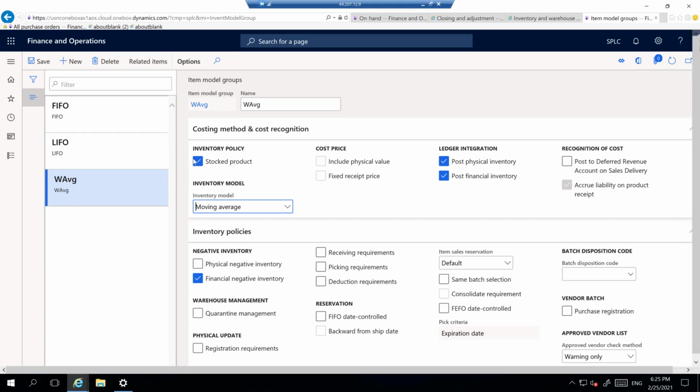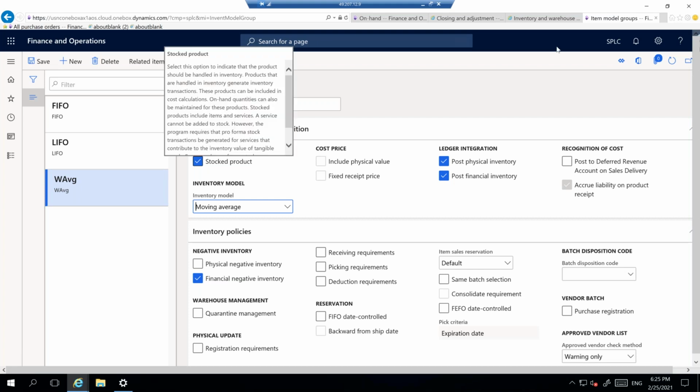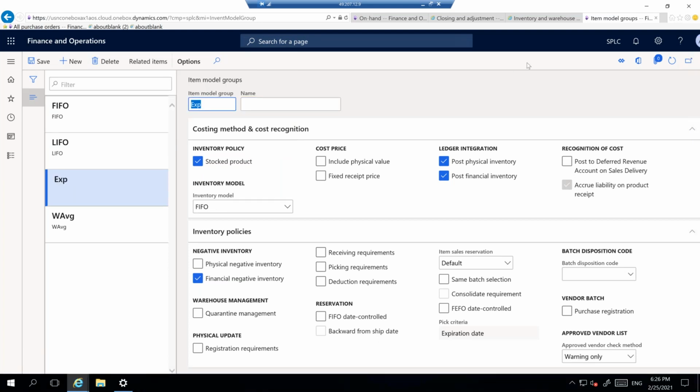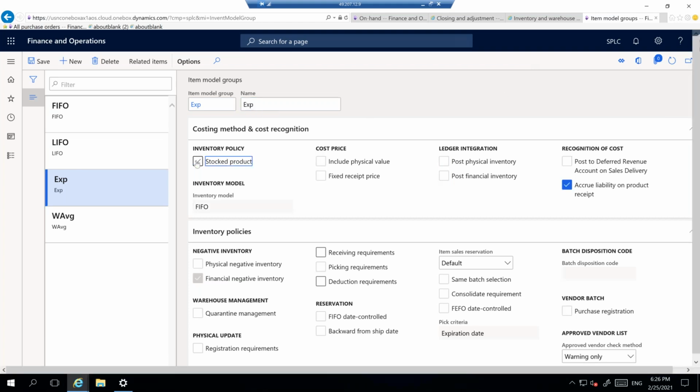For stocked products, for normal items, we will map this checkbox. For expense items, in general, we will not map this checkbox. If you remove this checkbox, many checkboxes are automatically disabled and only one checkbox remains enabled.